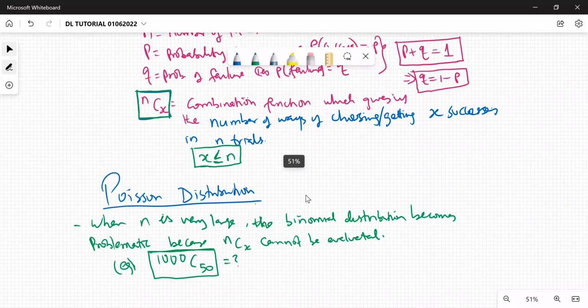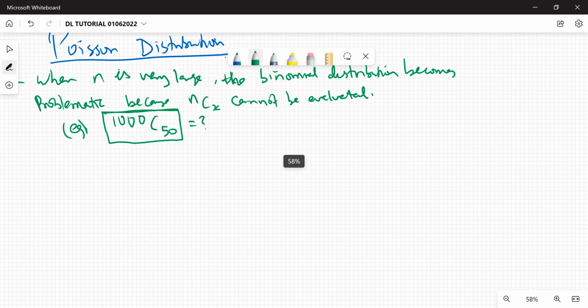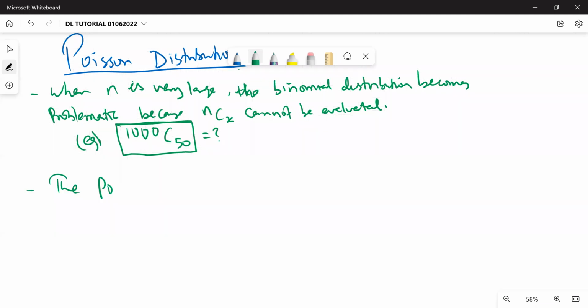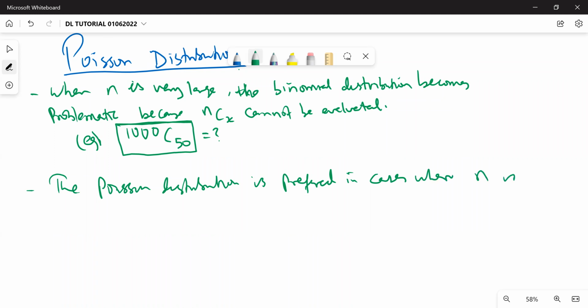In addition to this, the Poisson distribution is preferred in cases where n is very large, or infinite.